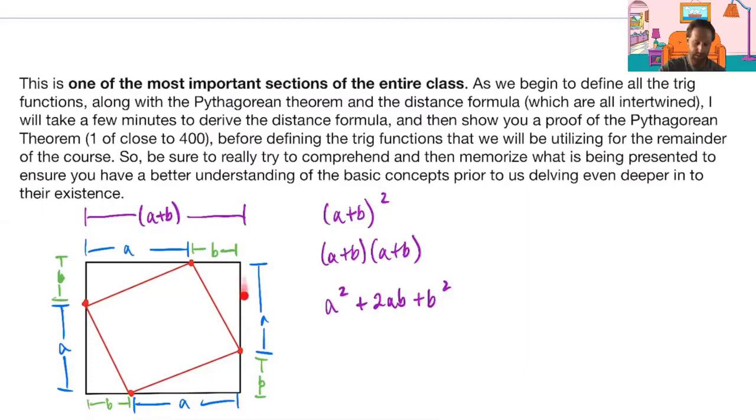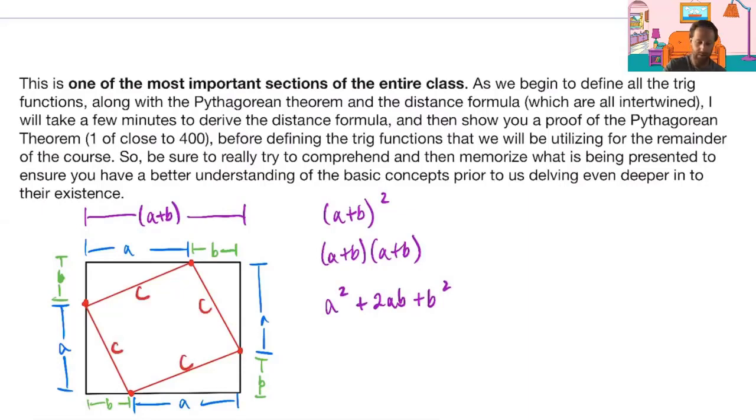So this has a length of A and a width of B at that right angle there. And then this has a length of A and B and A and B and A and B for every single one of these. Which means that all of those red lengths that I just drew in were some other length, but they were all the same. So I'm going to call those C.